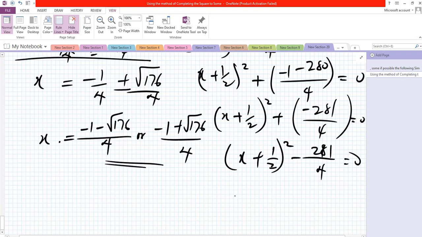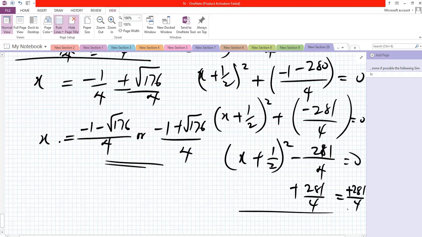Now add plus 281 all over 4 to both sides. This will cancel out this.